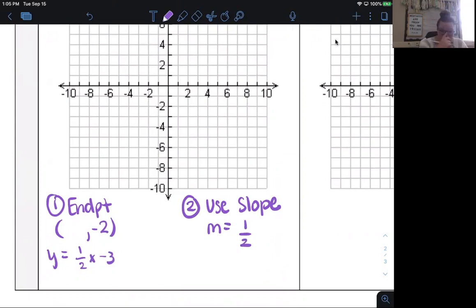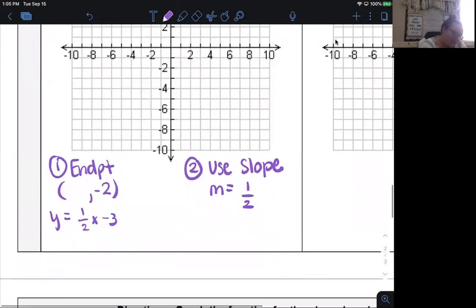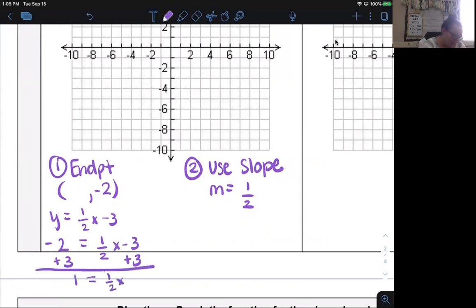So for my endpoint, now I'm plugging in a value for y instead of x. So I'm going to have -2 is equal to 1/2 x minus 3. Just add 3 to both sides. 1 is equal to 1/2 x. Then multiply both sides by 2. So x is equal to 2. So our endpoint will be at 2, -2.